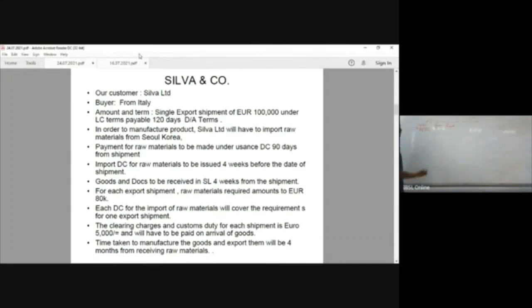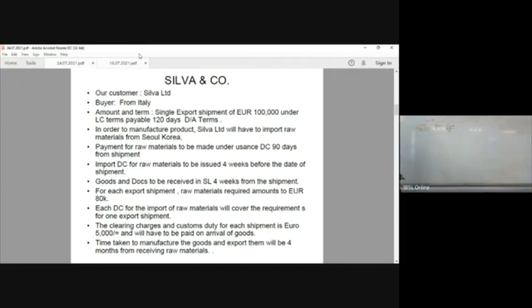That is 1 month. 1 month before the shipment, we'll have to open the LC. Then it will take another 1 month to receive the goods plus documents to Sri Lanka.